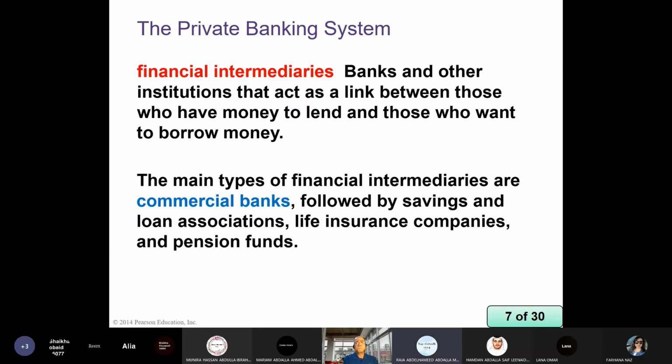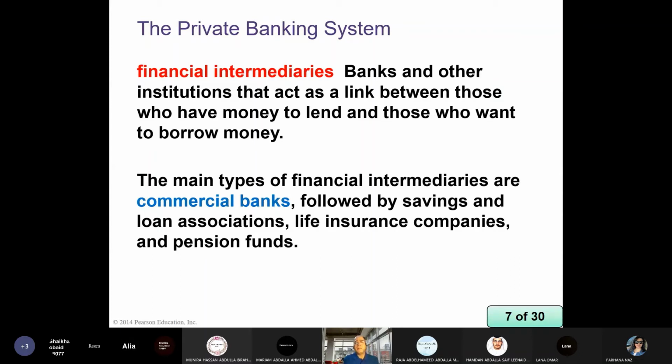The main types of financial intermediaries are commercial banks, followed by savings and loan associations, life insurance companies, and pension funds. Okay, so the banking system is represented mainly by commercial banks.